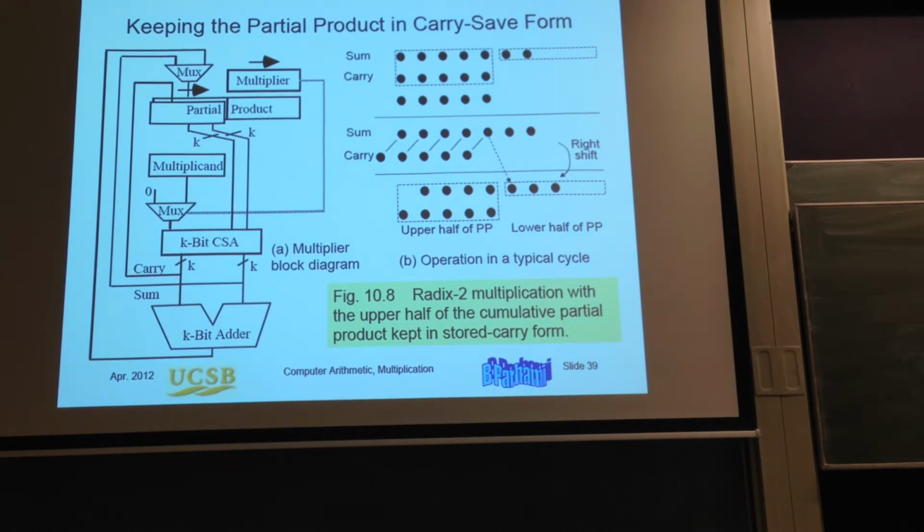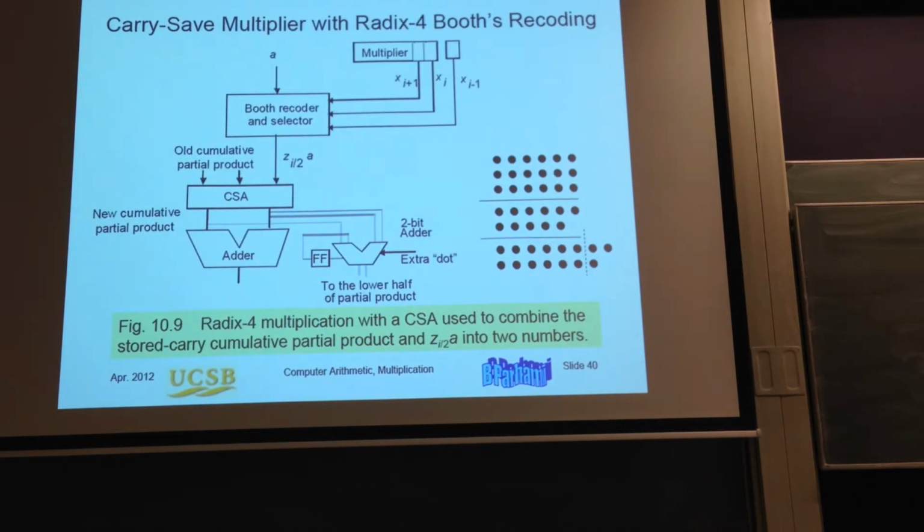And from now on, I can do things further. And I can push things. There are many solutions for multiplications, and this is combining carry save multiplier with Radix-4 Booth recoding.